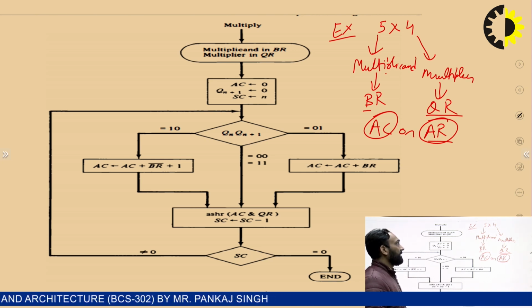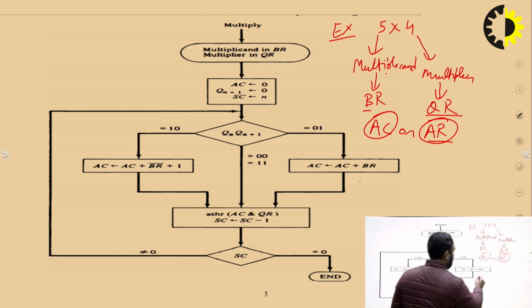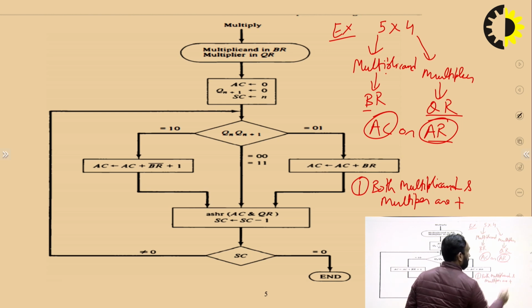What is the main advantage of this algorithm? It can perform uniformly on four cases. First case: both multiplicand and multiplier are positive, like plus 5 into plus 4.